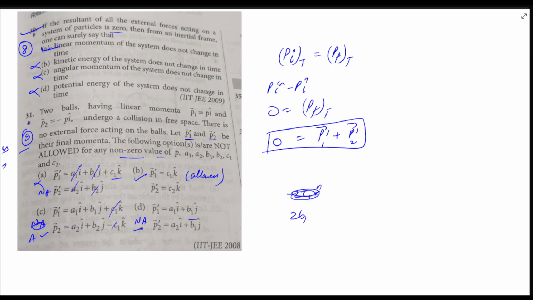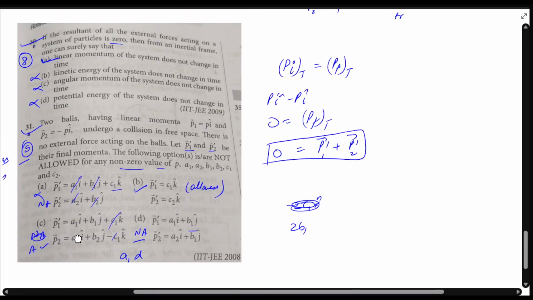So which options are allowed? B and C are allowed. A and D are not allowed. And this question is asking for not allowed, so the answer will be A and D. Again, it seems like we have to solve something, but this is purely a conceptual question, right? It is an interesting question again.